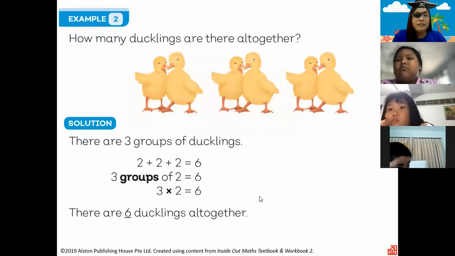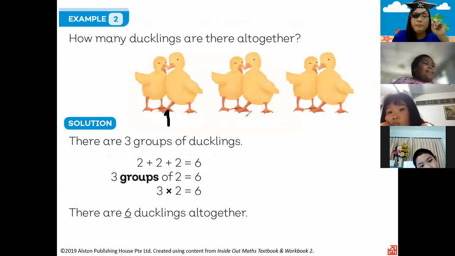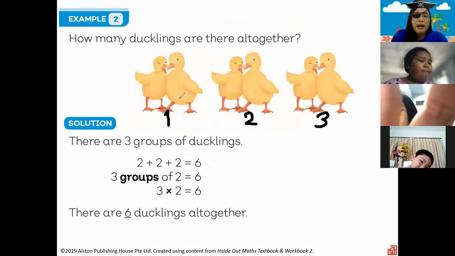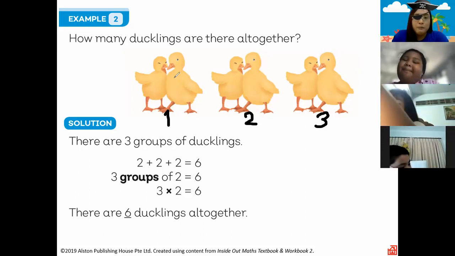How many ducklings are there altogether? Now let's count the groups first, okay? So this is the first group, second group, and then third group. So there are 3 groups. How many ducklings in the first group?